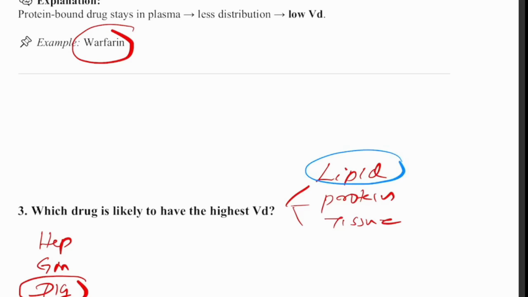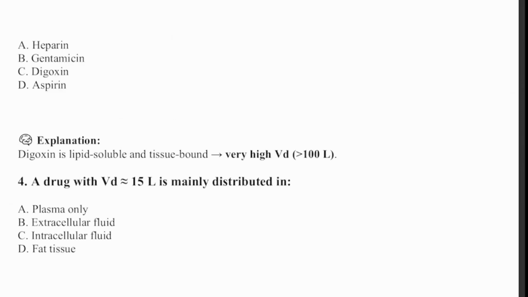It goes to the tissues and is bound there. So it has a very high volume of distribution, usually even more than 100 liters. Hope this is clear to you. So digoxin is lipid soluble, tissue bound, with a very high volume of distribution.